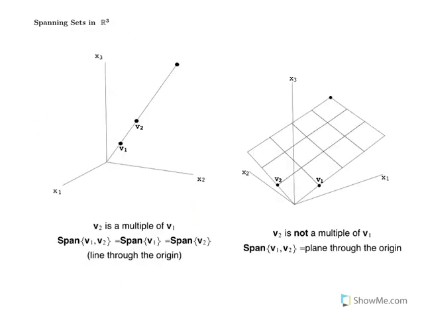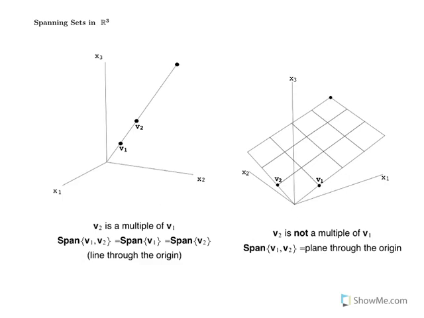Let's say that a little more carefully. Let's look at spanning sets in R3, in 3 space. If we have two vectors, v1 and v2, and v2 is a multiple of v1, then the span is just going to be the span of just one of those vectors, either one, and that's going to be a line through the origin. That's like what we just did in our previous example.